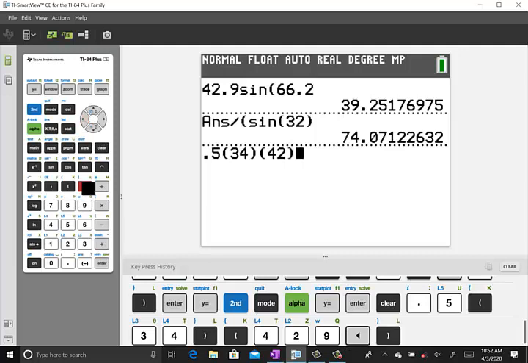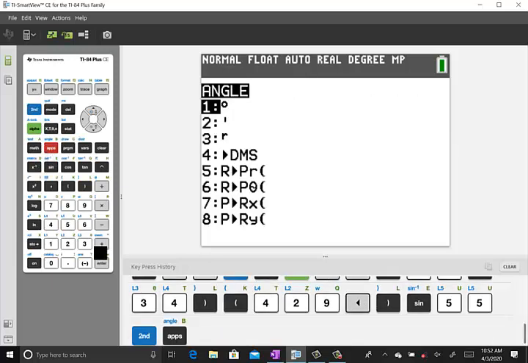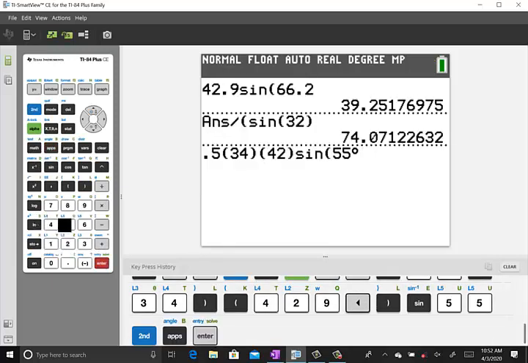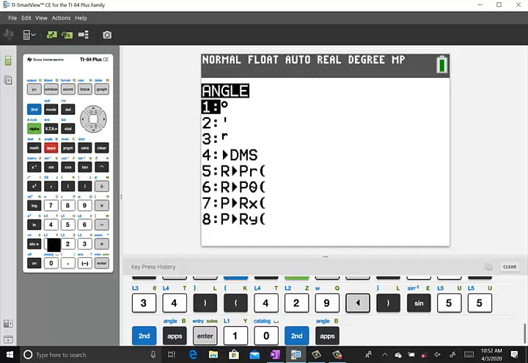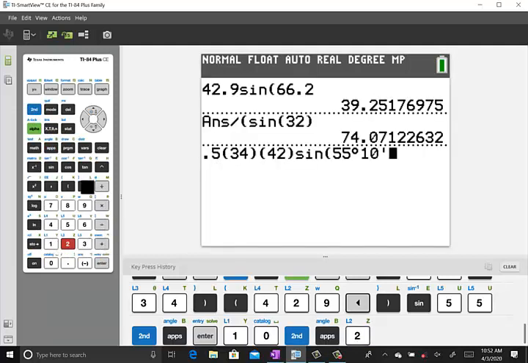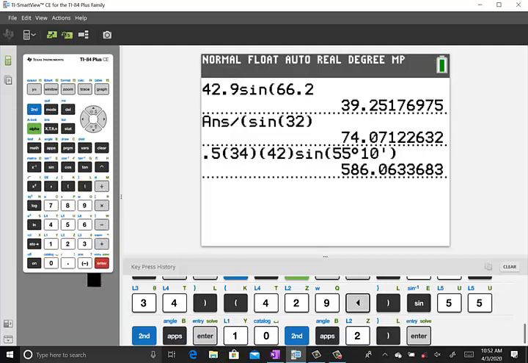And then sine 55 degrees, so second apps is how you get the degree. And then 10 minutes, so 1, 0. We get the minutes by saying second apps, and it's number 2.